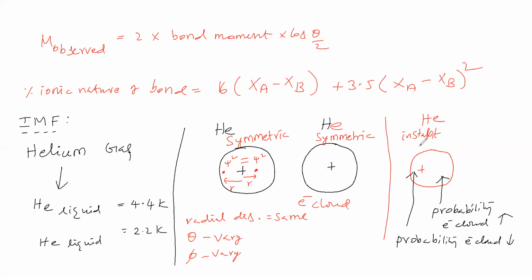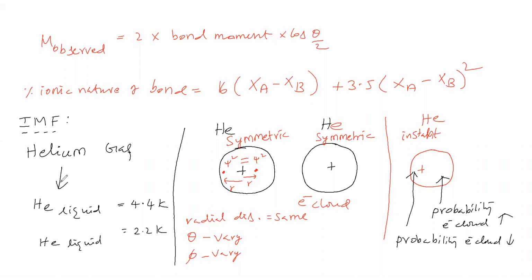But once we said it is symmetric, why do we say it gets distorted? If we consider it like this, only then can we explain the liquefaction of helium gas, otherwise not.